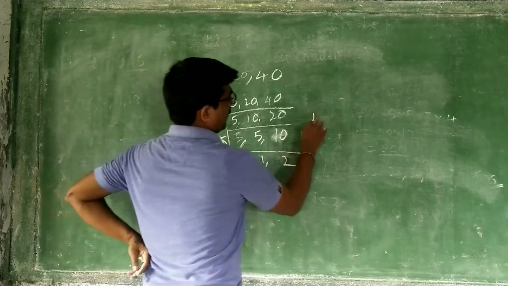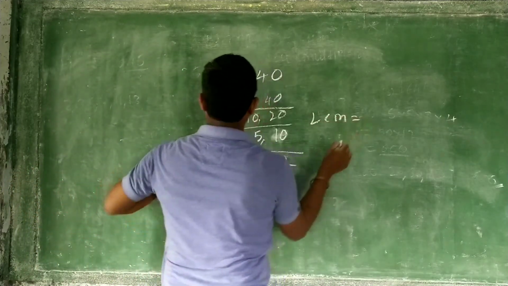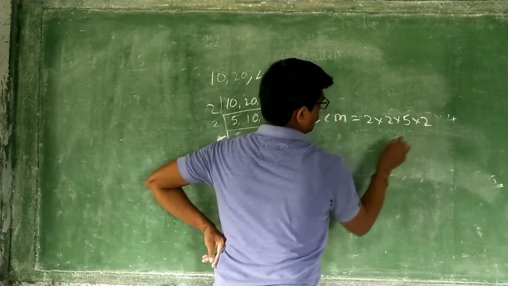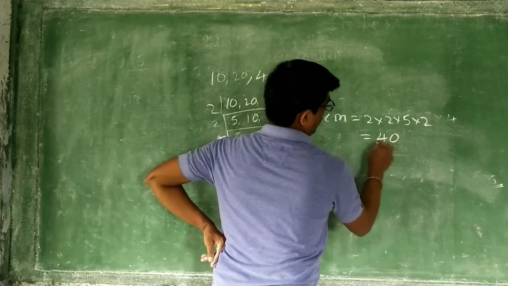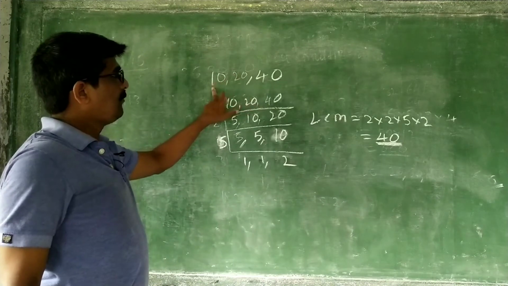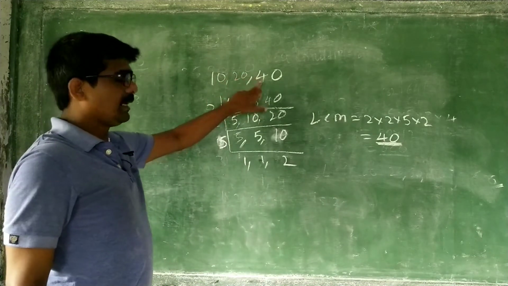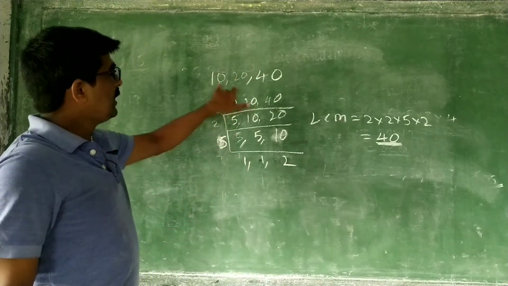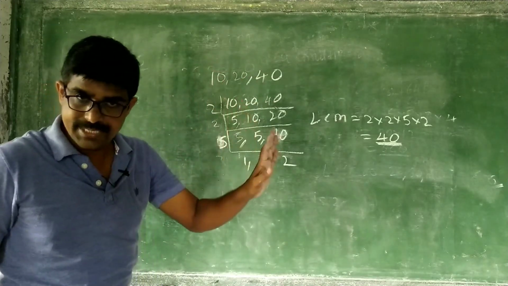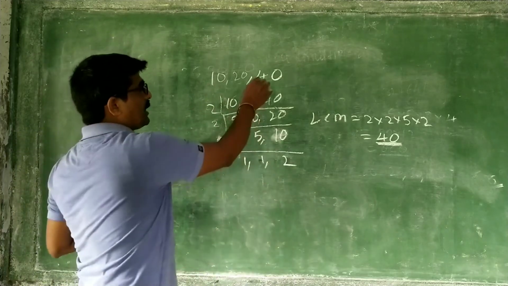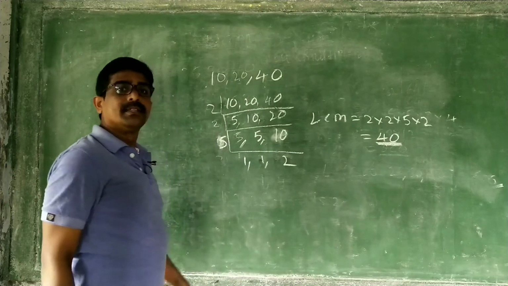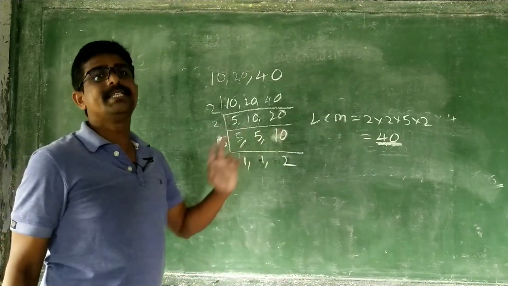So LCM is equal to 2 into 5 into 2, that is equal to 40. Observe here, 40 is a multiple of 10 and 20, both numbers. So whenever one number is a multiple of the others, then that number only is the LCM.